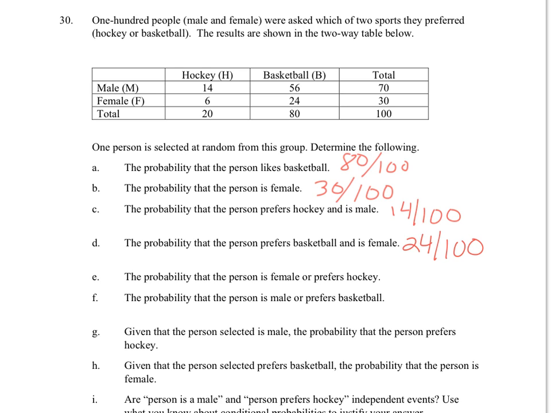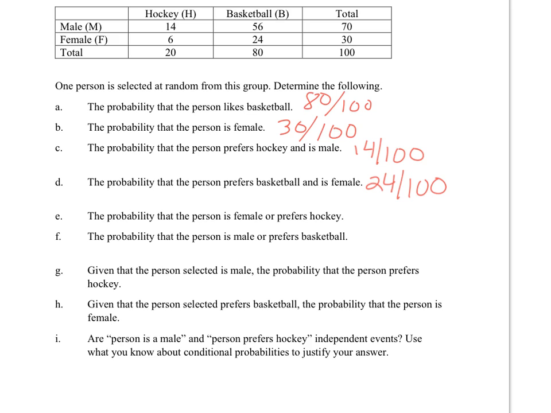And then female or hockey. So you have 2 choices for part E. You could do the probability of female plus the probability of hockey minus the probability of female and hockey. Or you can add up the 6, the 14, and the 24.